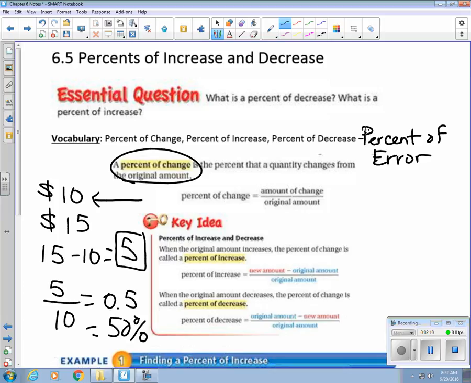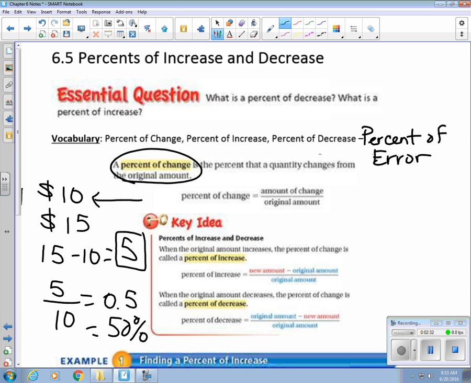So when we went from $10 to $15, we increased by $5, but we could also say that we increased the amount of money we had by 50%. All right? So $5 is worth 50% of the original $10 that we had. And that's what we're talking about with percent change.